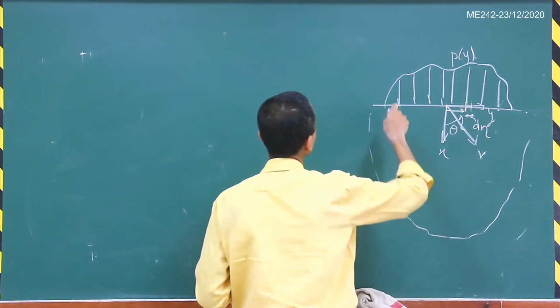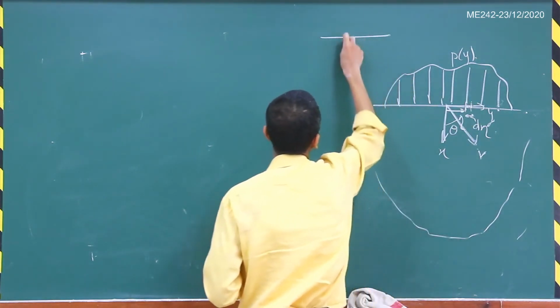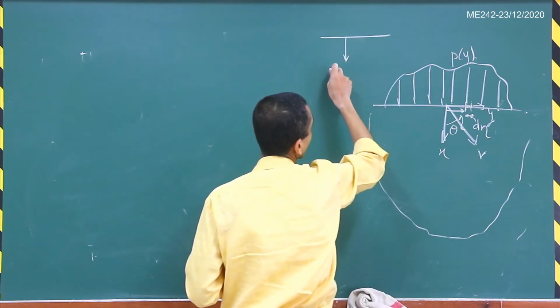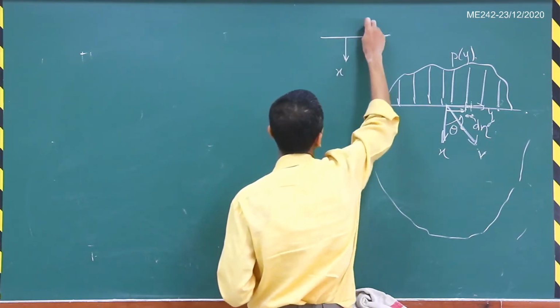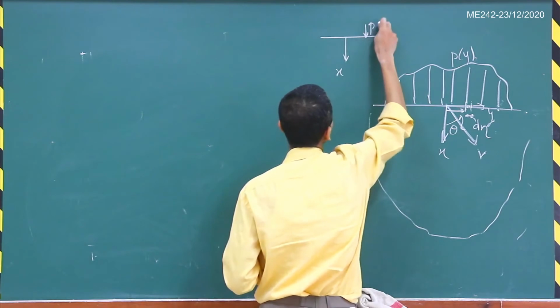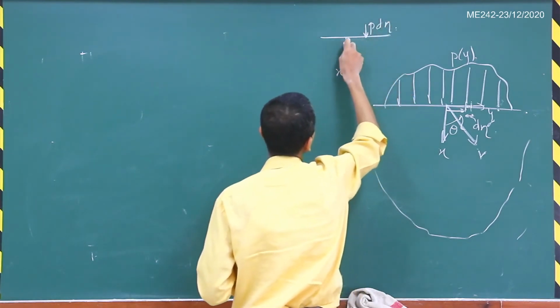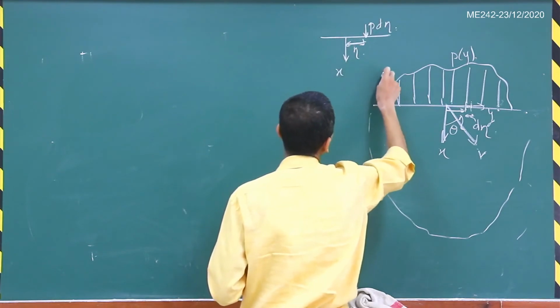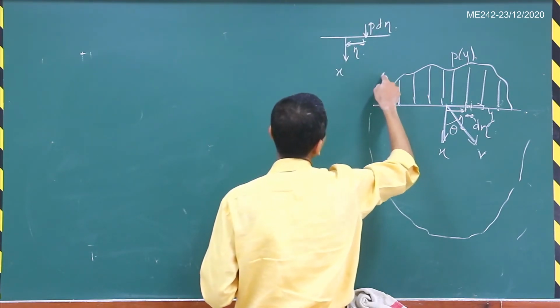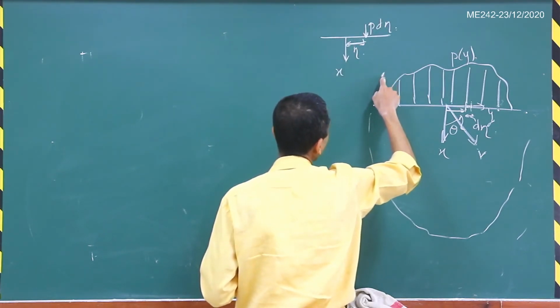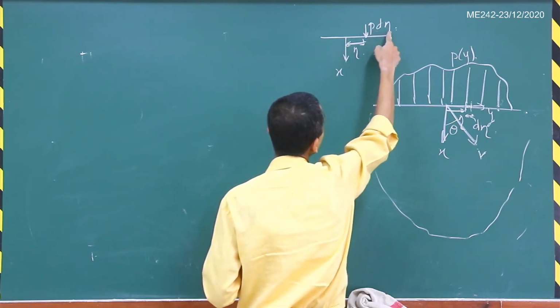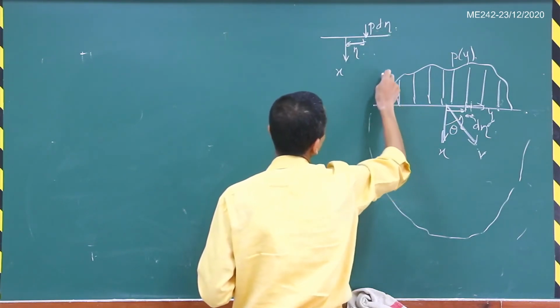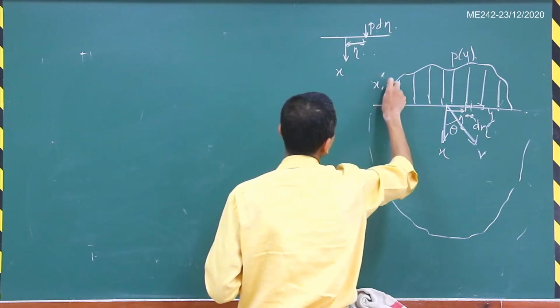So let me just redraw that particular part here. This is now your x, and this is P times d eta, and this distance is eta. Now we want to find out what is the contribution due to this P d eta at a given point, which has coordinates x comma y.